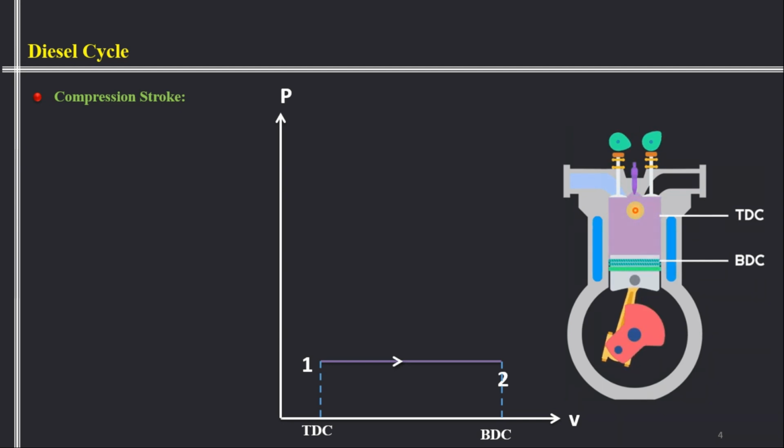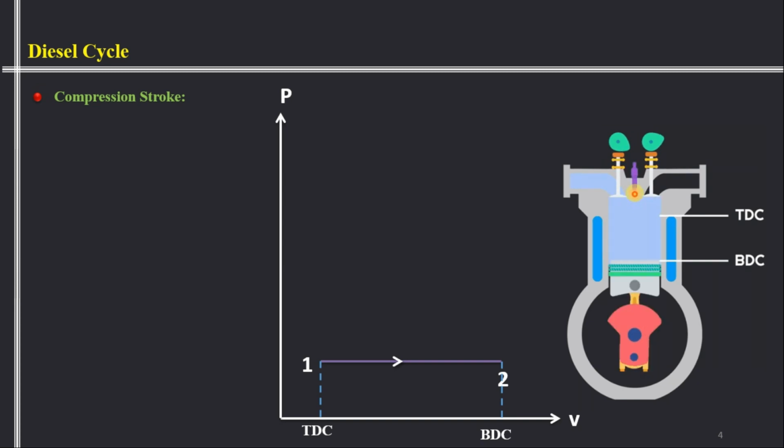Because of compression of air, its pressure and temperature will increase, and the temperature will increase up to the self-ignition temperature of diesel. Near the end of this stroke, when the piston is about to reach top dead center, we are injecting diesel fuel inside the cylinder.